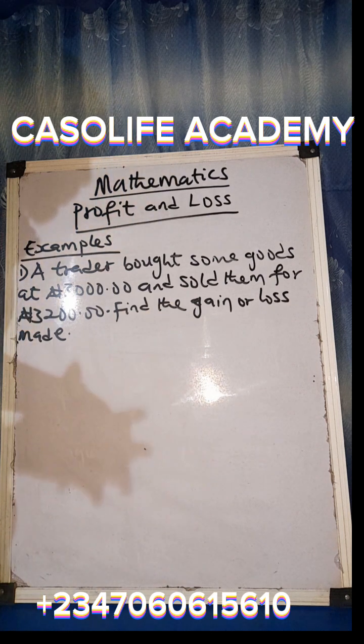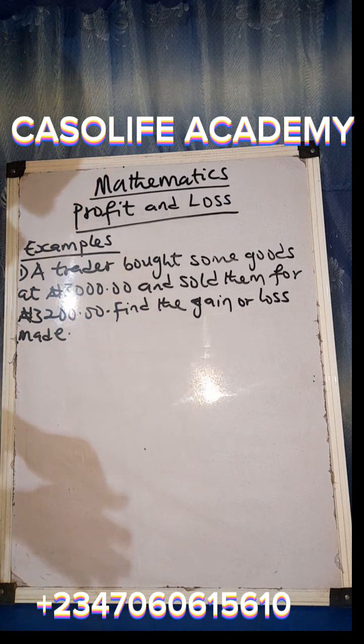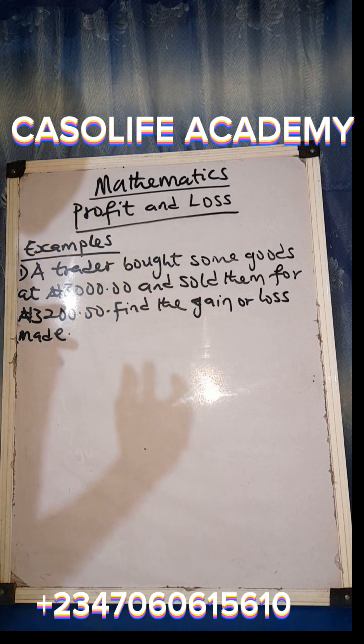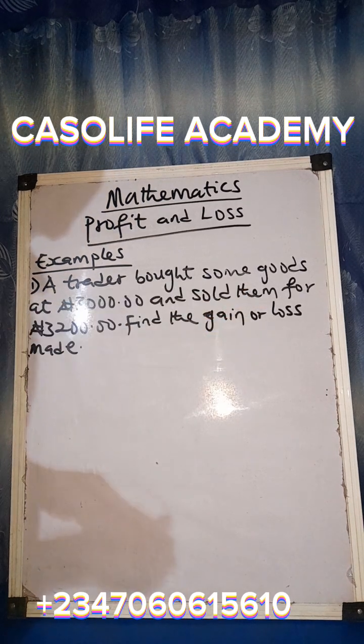The selling price is the amount they sold them after buying. So a trader bought some goods at 3,000 naira, so the cost price is 3,000 naira.